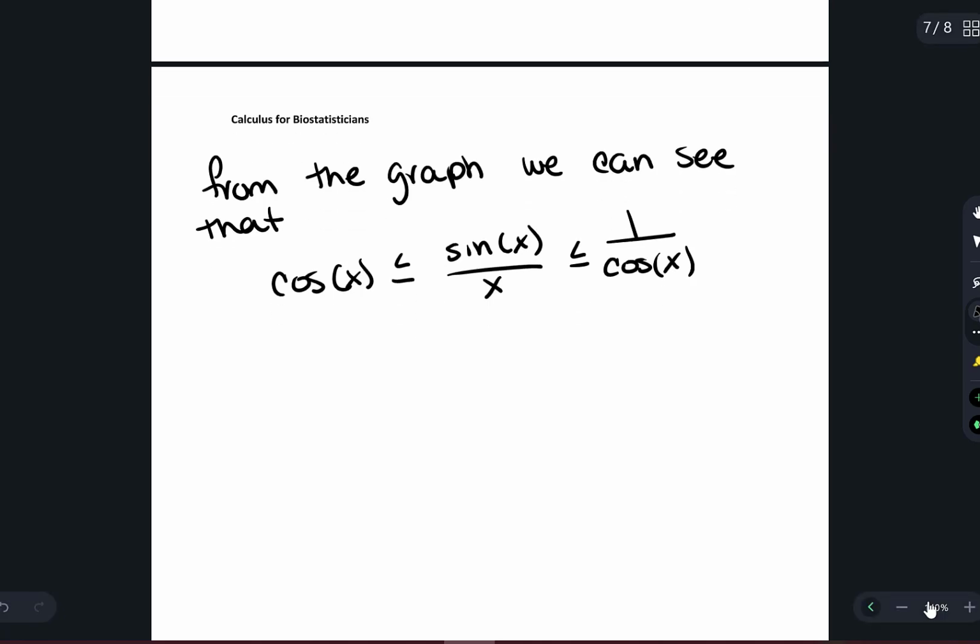But we need to make sure that we also specify that this occurs on the interval -1 to 1, which contains 0.